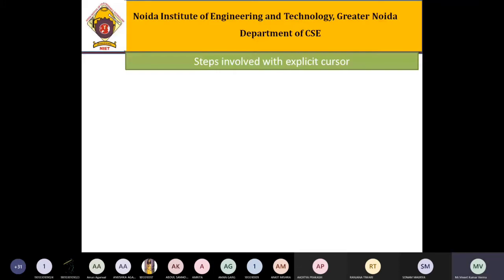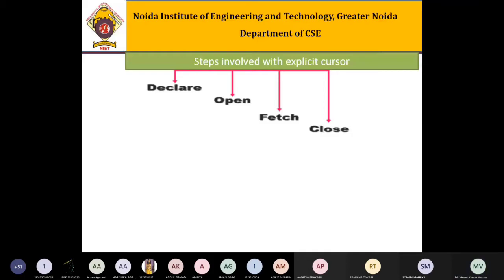So what are the steps involved with the explicit cursor? There are 4 steps. One is declare it first, then open the cursor, then fetch the cursor, and then close. So one by one, let's see how we can use the cursor in PLSQL statements. First of all, we have to declare it. So declaring the cursor is for initializing the memory.